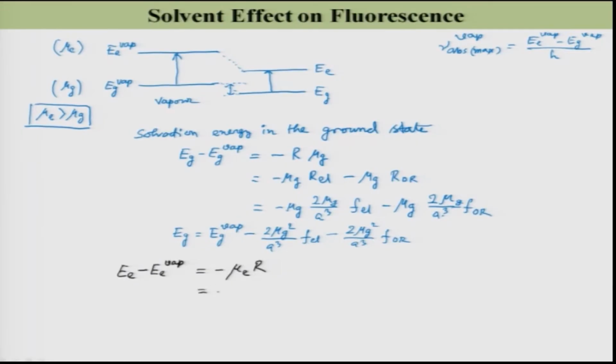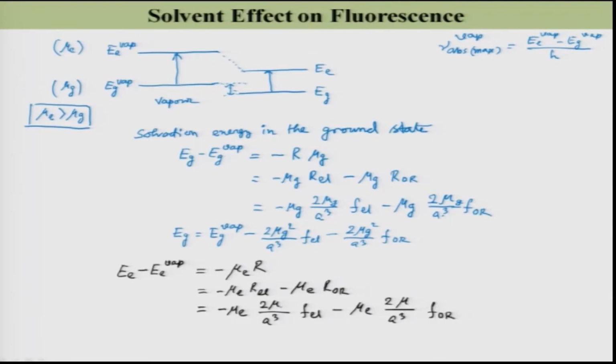So, this is equal to minus mu E R_EL minus mu E R_OR. So, this is going to be equal to minus mu E twice mu by a cube f_EL minus mu E twice mu by a cube f_OR.